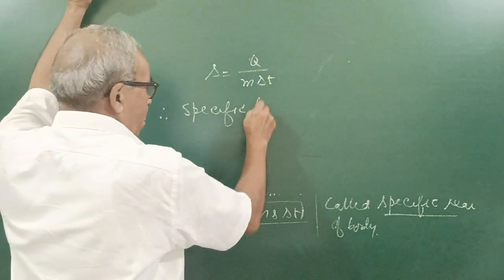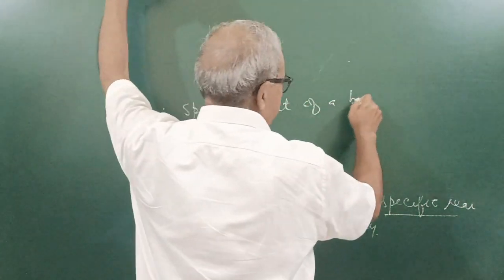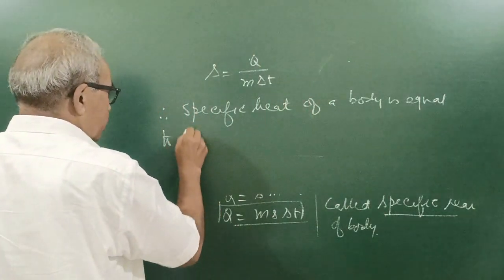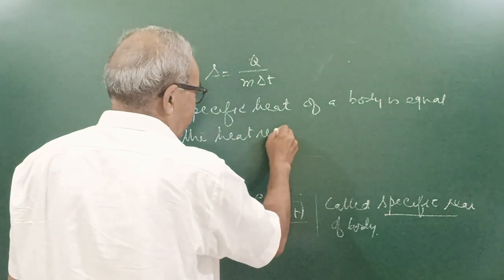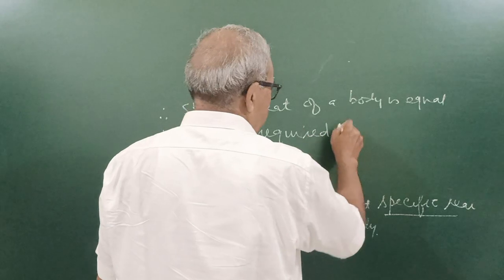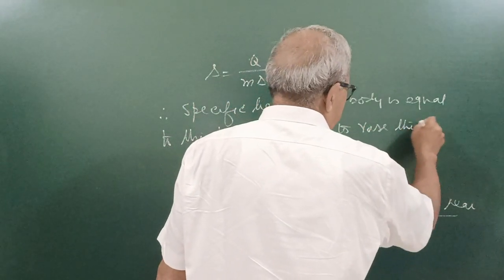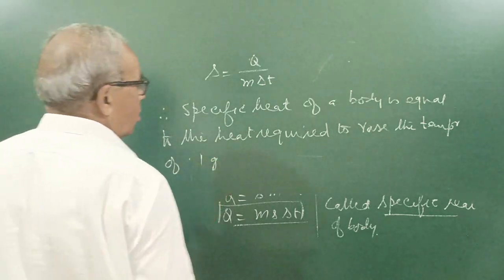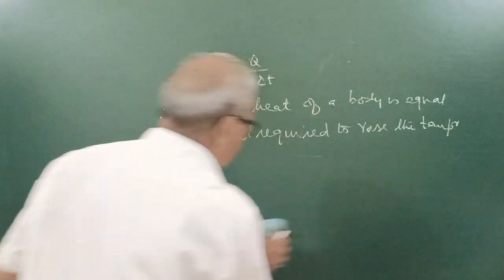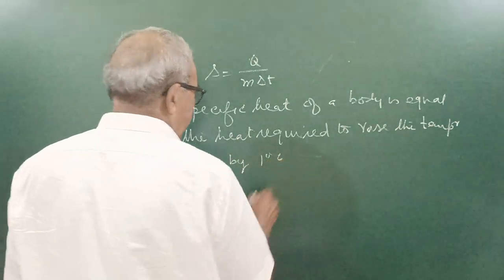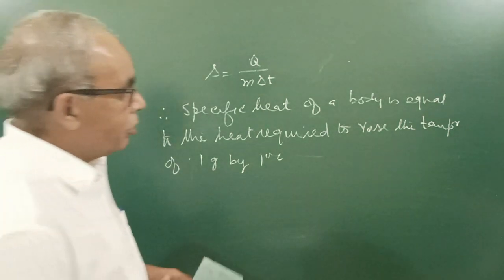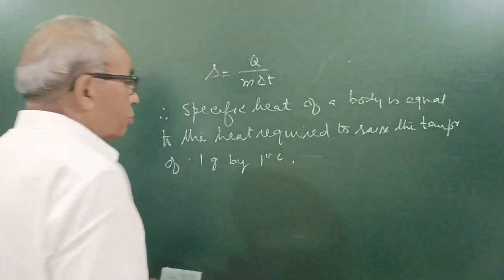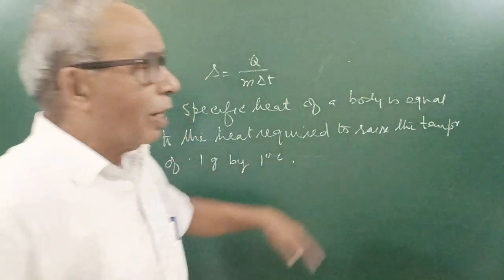Hence you can say the specific heat of a body is equal to the heat required to raise the temperature of 1 gram, or say unit mass, by 1 degree centigrade. So the heat required to raise the temperature of 1 gram mass by 1 degree, or to raise the temperature of 1 kilogram mass by 1 degree, but practically we talk like this.